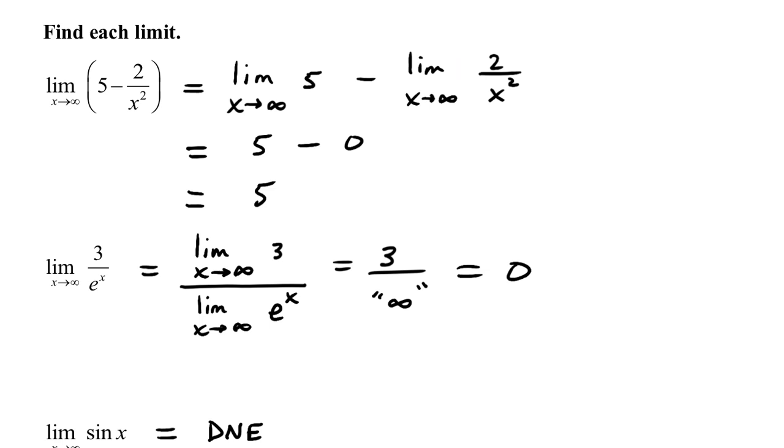The second limit, when x gets really large, goes back to the previous slides where we had a constant over x to some rational number. In fact, it's just 2 for this one. As x gets really large, with a fixed numerator, this overall fraction will get smaller and smaller. In fact, we'll call that limit 0. 5 minus 0 is 5.